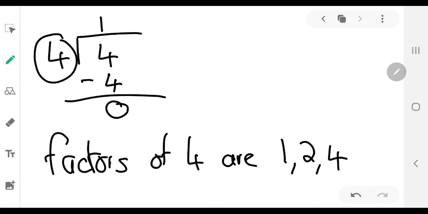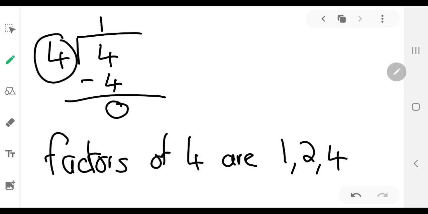Okay. So that is the long story. If you are able to, you can look at the multiplication table. You can say, if you look at the multiples of 1, will you get to 4? Yes, you can. If you look at the multiples of 2, do you get to 4? Yes.